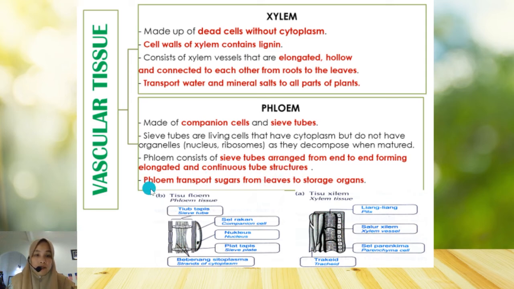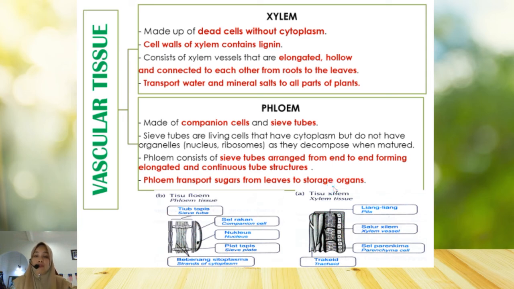Phloem transports sugar from the leaf to storage organs, such as fruit. So the phloem transports sugar produced from photosynthesis to be stored in the fruit.